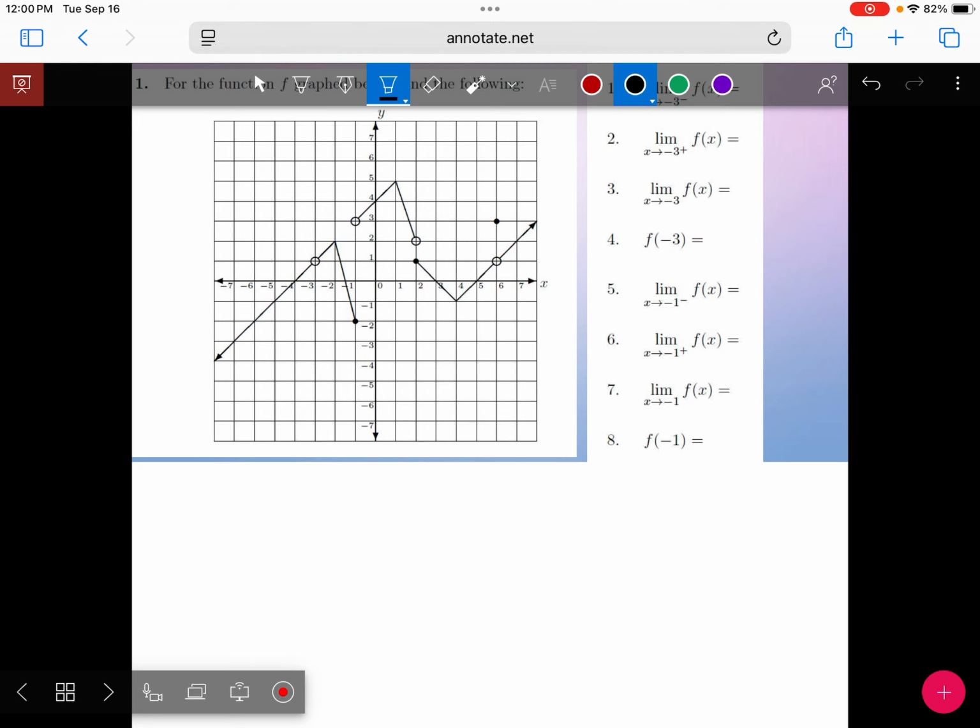See if that's a good thing or a bad thing. Now, when you're looking at limits, because it's a graph, it should just be an instant answer. Look at the graph, write what you think. You don't have to pick up the calculator. You're just looking at the graph.